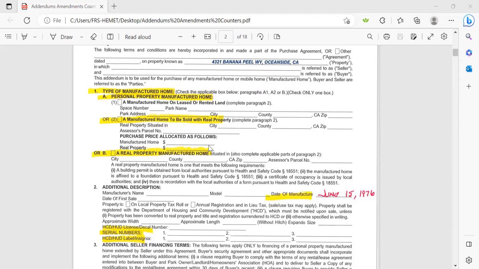If you're selling something for $200,000, $100,000 of it goes to the home, $100,000 of it goes to the real property. Some people will actually look at what other empty lots sell for in those areas, and they'll put that down as the real property price. Some people will go to the trouble of looking at manufactured homes and finding out, just like a Kelley Blue Book, what the value of that kind of mobile home is.